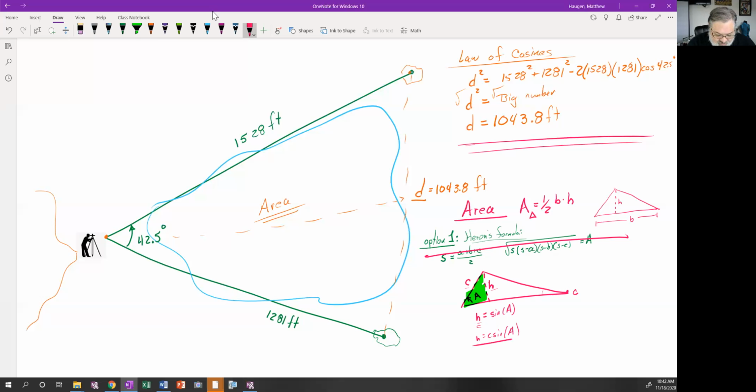But this gives us a formula for this base, not for the base, sorry, we already have a base. It gives us a formula for that height in our area formula.